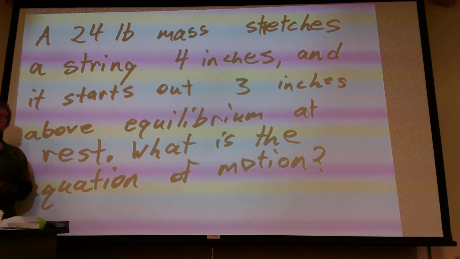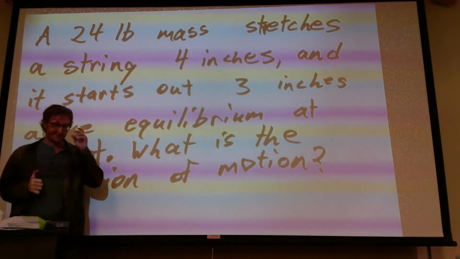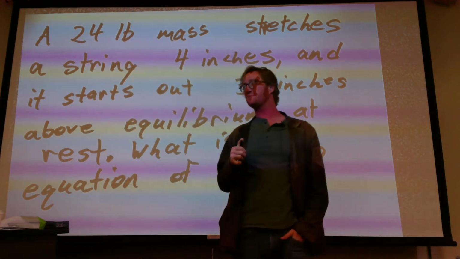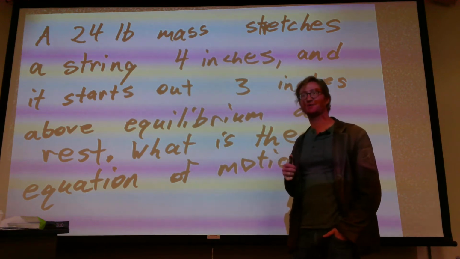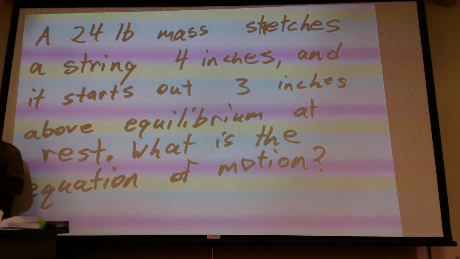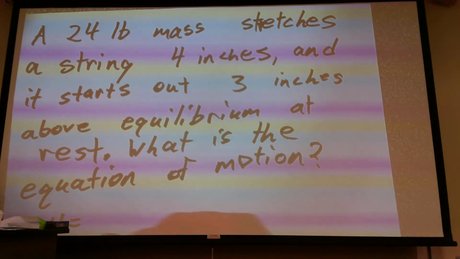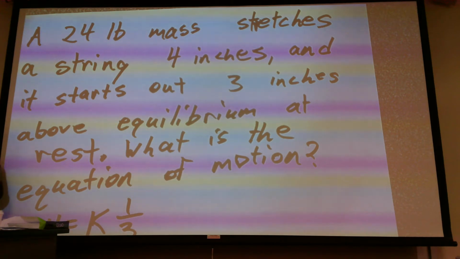All right, now this needs to be pounds per foot. So if it's stretching at 4 inches, what is 4 inches? Well, there's 12 inches per foot. So we'd have to say, that's 4 divided by 12, so that's a third of a foot. So 24 is going to equal k, now multiplied by 1/3 foot, because it's 4 inches.